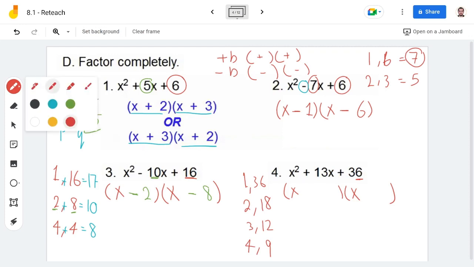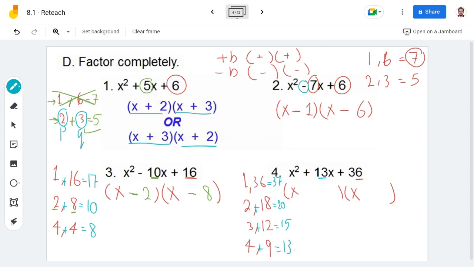So now let's add these numbers to check which one will give me 13. 36 plus 1 is 37, so this is wrong. 2 plus 18 is 20, which is wrong. 3 plus 12 is equal to 15, that's wrong. 4 plus 9 is equal to 13.